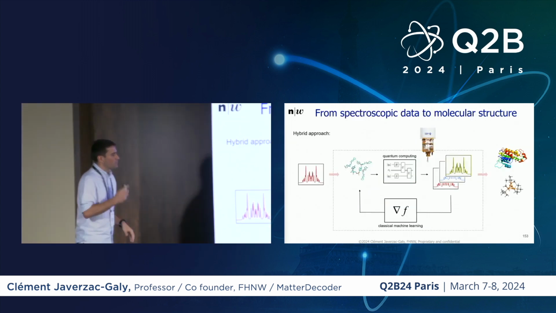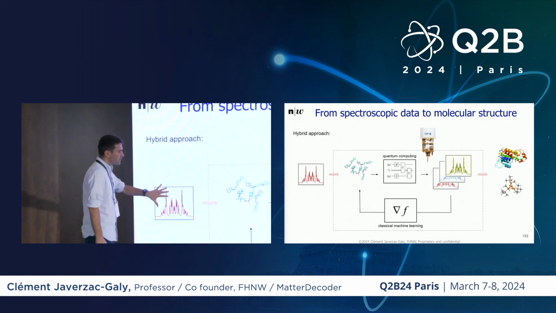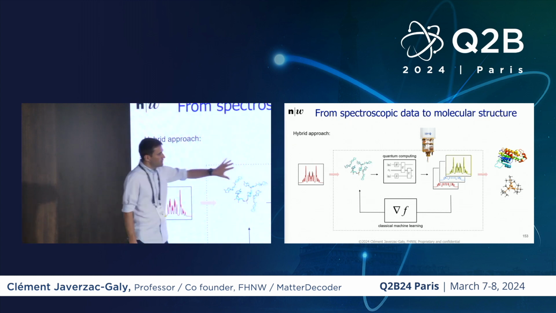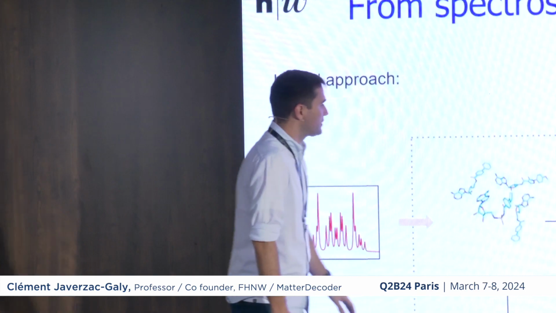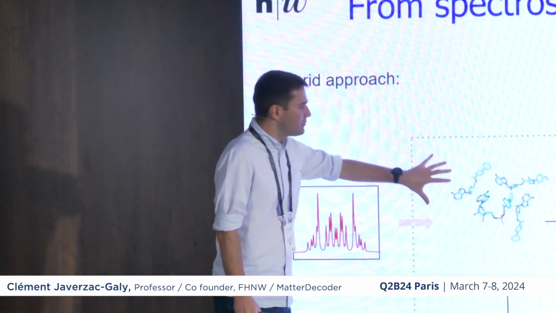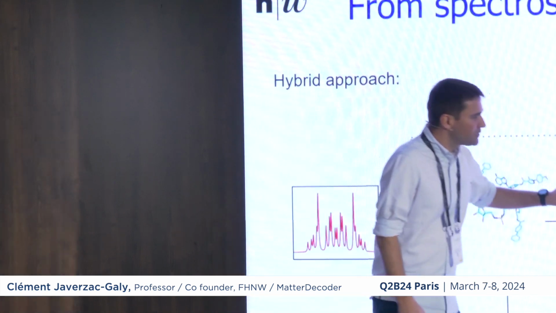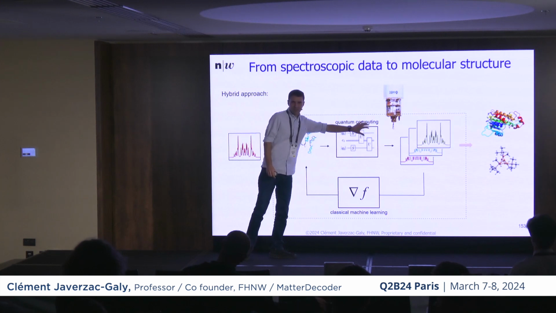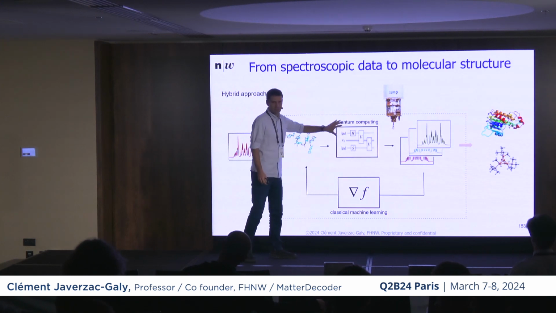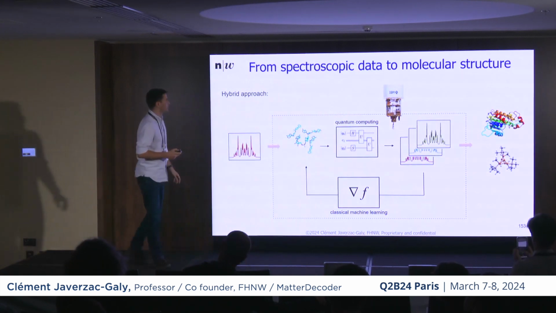Now, if we put this more into perspective in terms of usability for end users, chemists who would not care if we use quantum computing or any other algorithm, if we want to really work on the inverse problem, which is to go from a spectrum to molecular information, in fact, it would be integrated in hybrid algorithms where we would use the speed and power of classical computing to make first guesses, and then quantum computing to actually get the accuracy and to get to the actual structure, in an iterative process to end up with the molecular information.